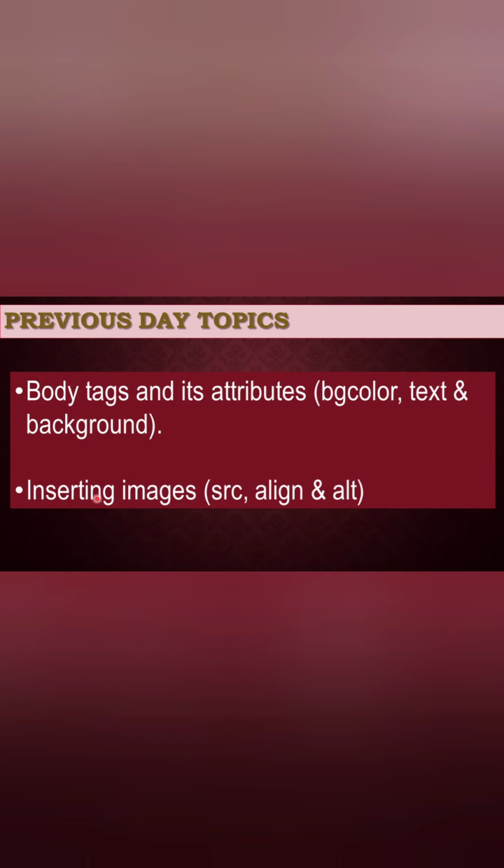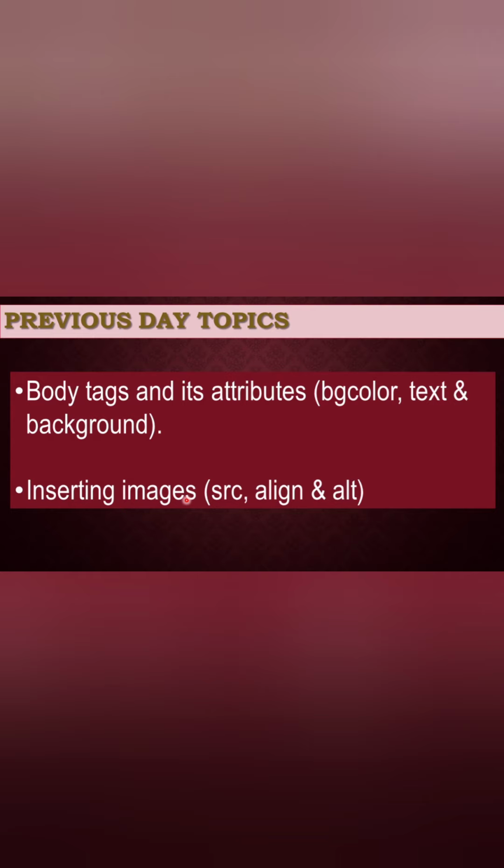Then we learned to insert images on a web page. So we can use different attributes along with the image tag to insert the image on your web page. They are source src attribute, align attribute and alt attribute. So this src attribute is used to provide the location of your image.